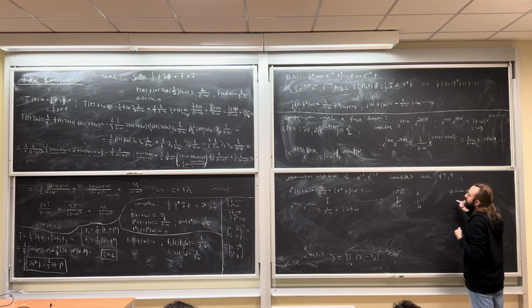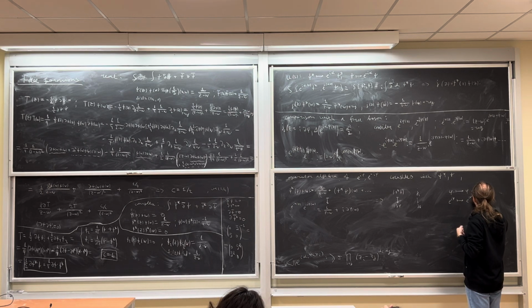And if you do this with this formula for the free fermions, then e to I phi shifts to e to I phi times this constant e to IC.